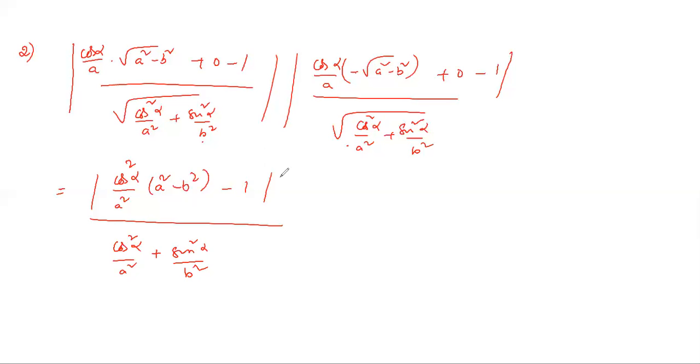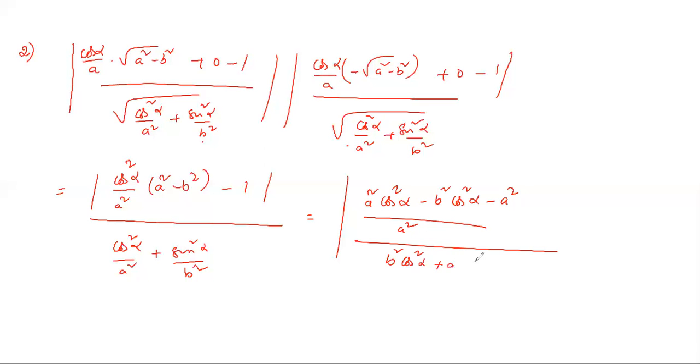Okay, sir. So by simplifying the cos square alpha by a square, okay, b square, a square. b square cos square alpha minus b square cos square alpha minus a square, by a square, all by b square cos square alpha plus a square sin square alpha by a square b square.